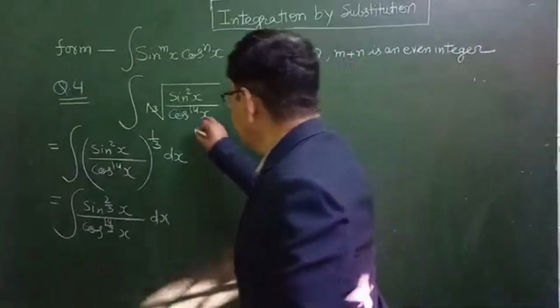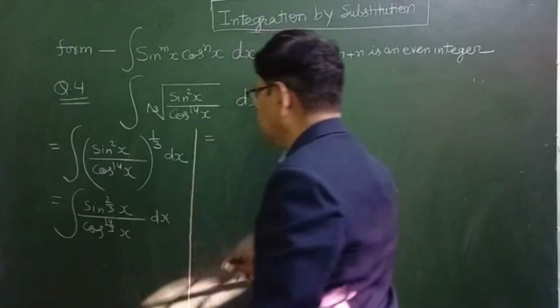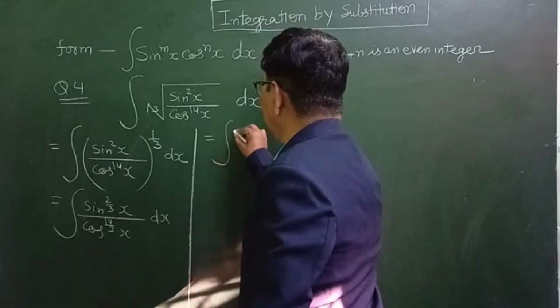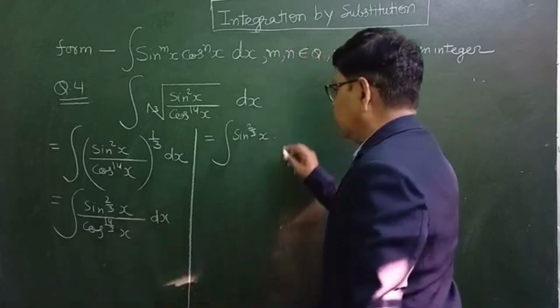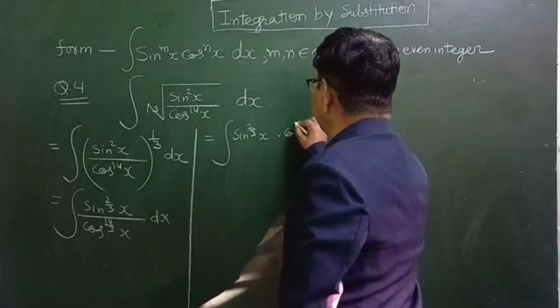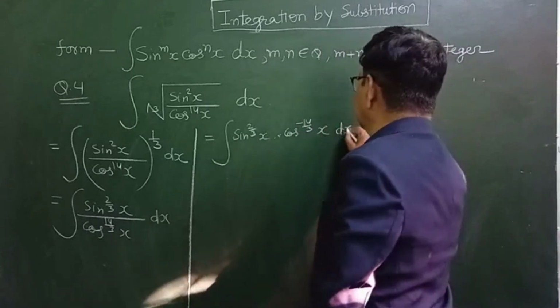Now writing it in the correct form, this is equal to integral of sin 2 upon 3x into cos of minus 14 upon 3x dx.